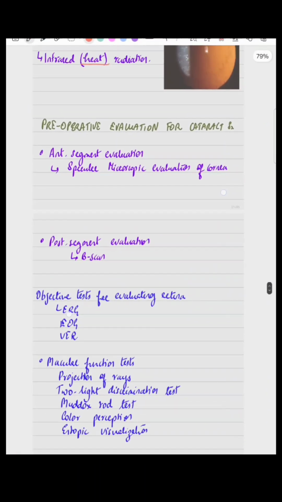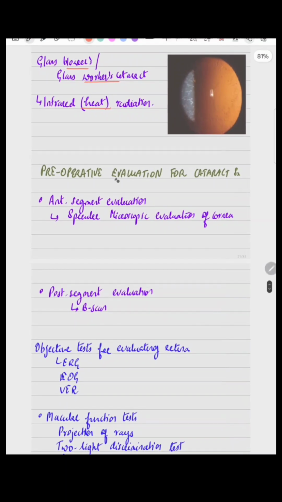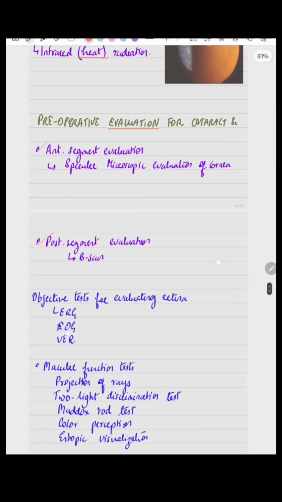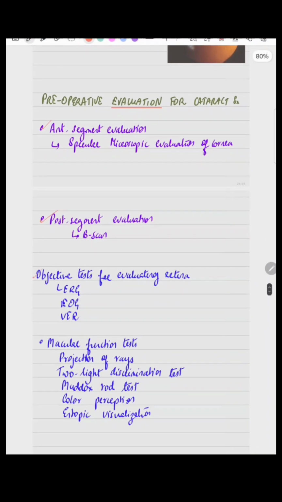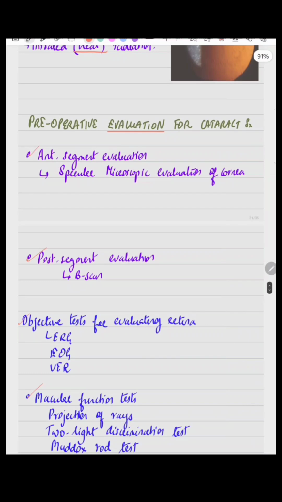Next is pre-op evaluation for cataract. In pre-op evaluation, we have to do anterior segment evaluation, posterior segment evaluation, and objective tests for evaluating the retina, and then a macular function test. In anterior segment evaluation, specular microscope examination of the cornea is done for endothelial count.